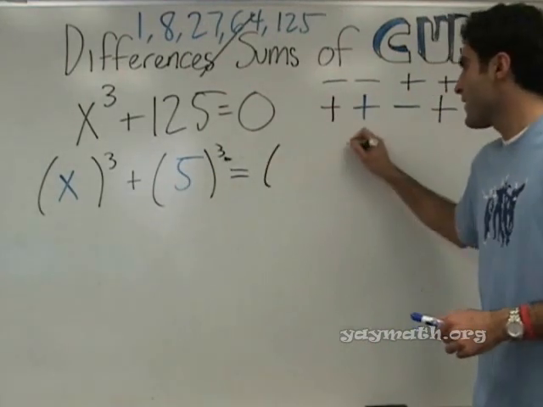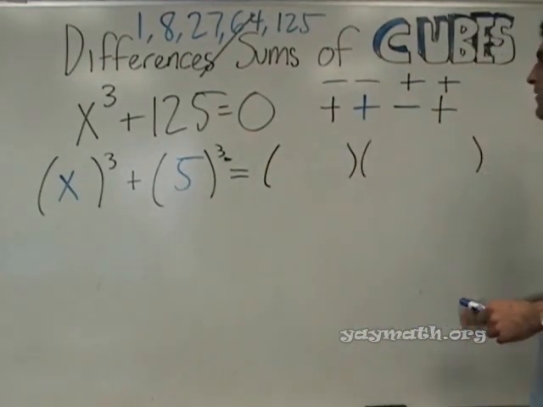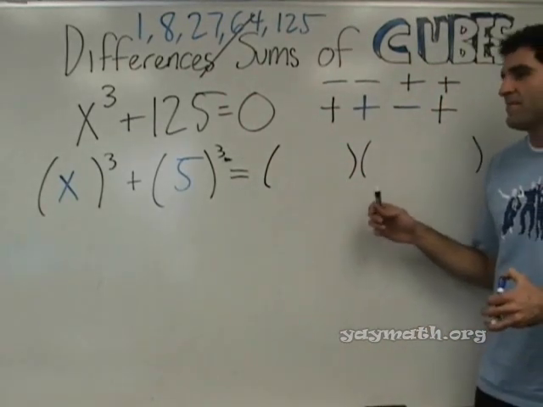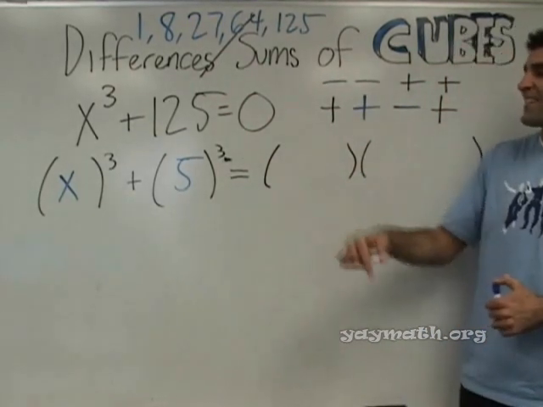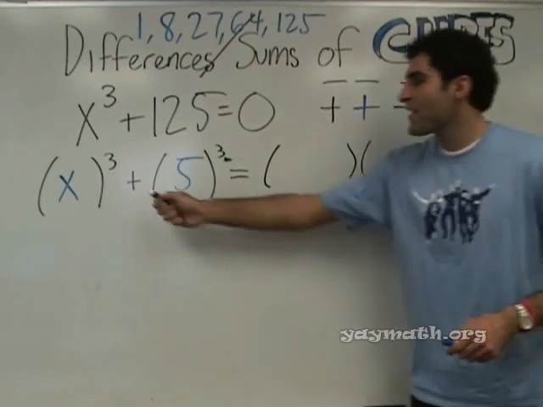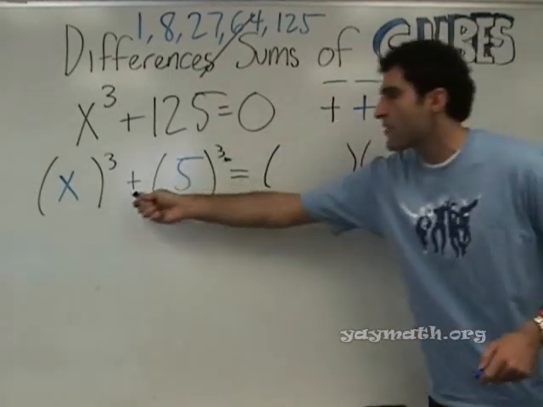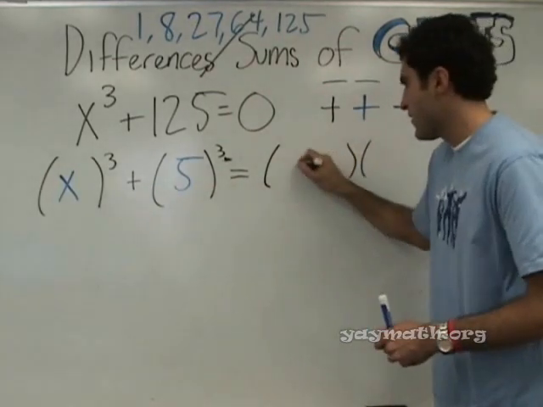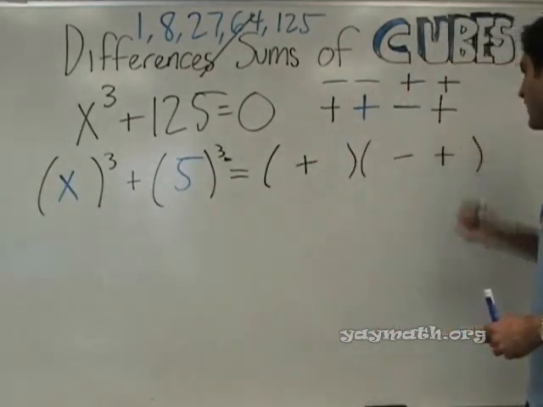So we're going to do our 2 parentheses set. Okay, so here it is. Plus is part of the problem. So plus, what goes here? Plus. And a minus and a plus goes here. Correct.